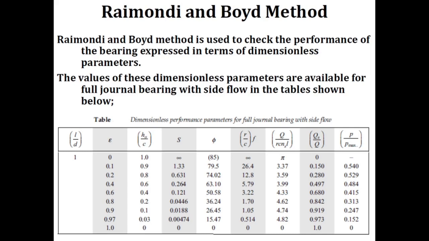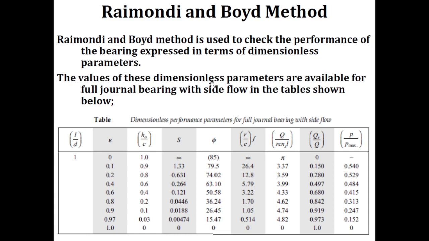Now to move on, we'll see the Raimondi and Boyd method. So what is this method? This method is used to check the performance of bearings expressed in terms of dimensionless parameters. Raimondi and Boyd have defined many dimensionless parameters, and these are useful while designing hydrodynamic bearings.